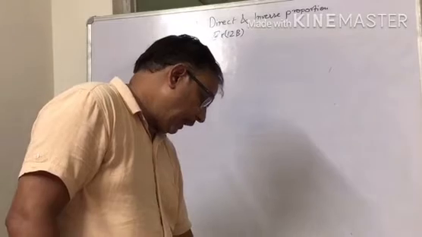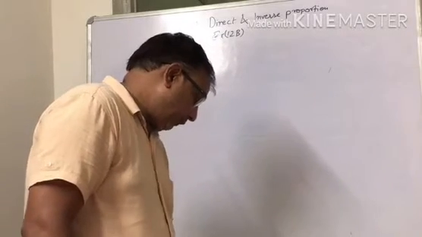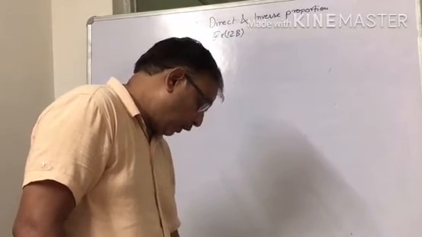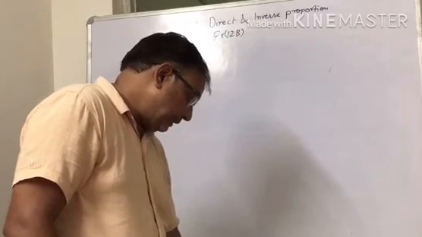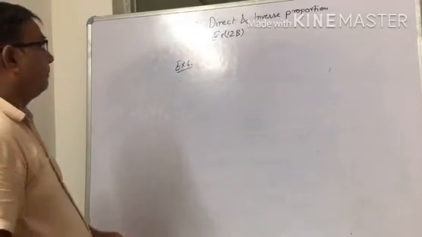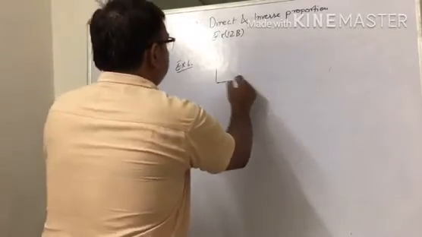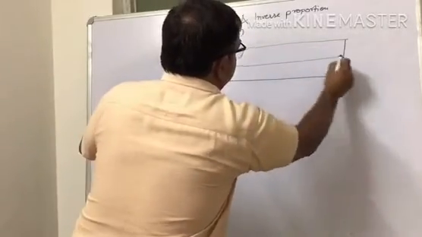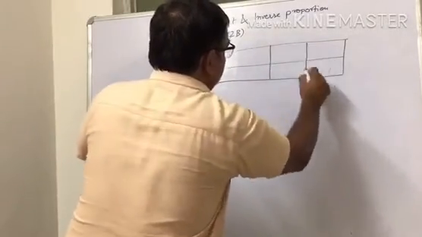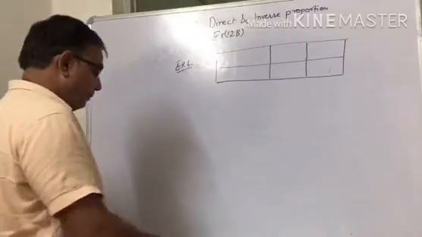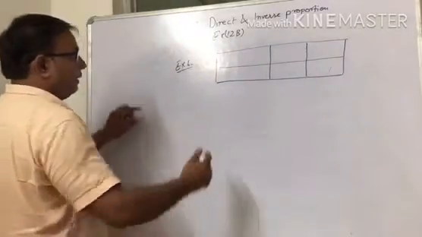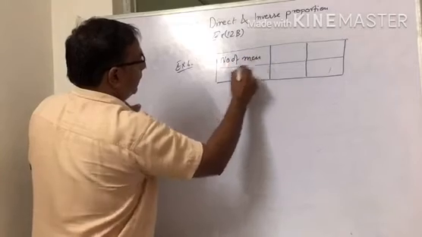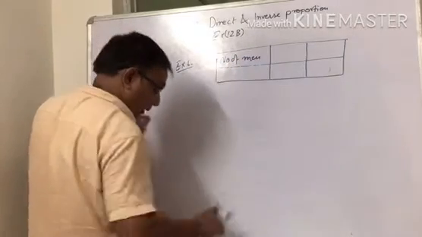After 20 days, 50 men left the fort. How long would the food last at the same rate? Means, see, first we make a table. Now this is number of men and this is number of days.